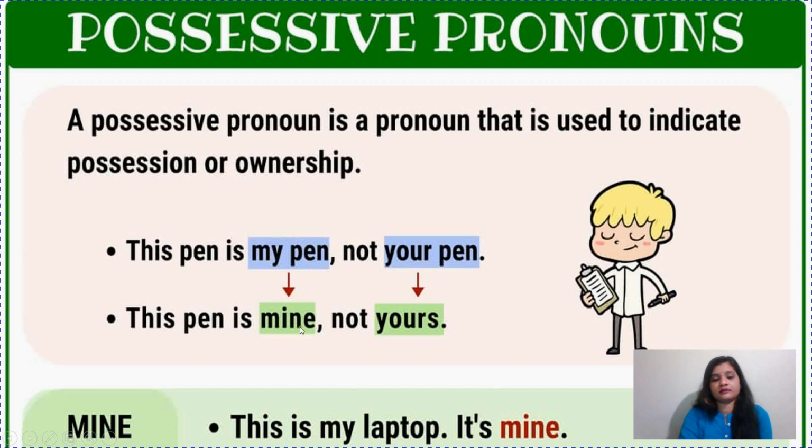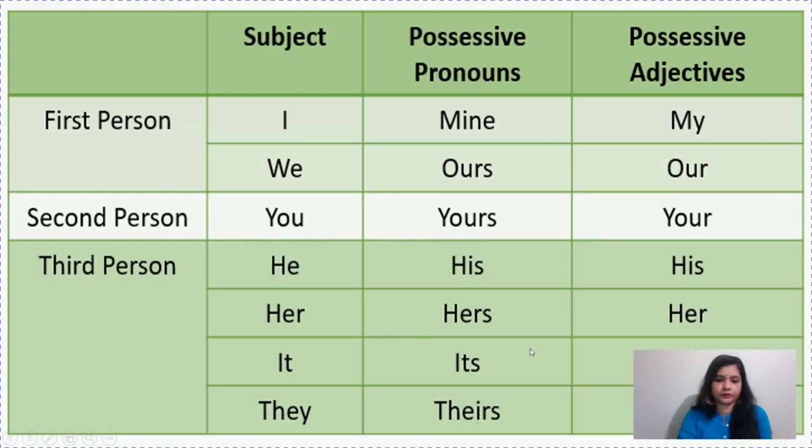But if any pronoun is followed by a helping verb, see here, it is followed by "is," and here also, then it will be a possessive pronoun. Let's see a few more examples so that you will better understand. I have shown here possessive pronoun and possessive adjective both. So there will be no confusion.